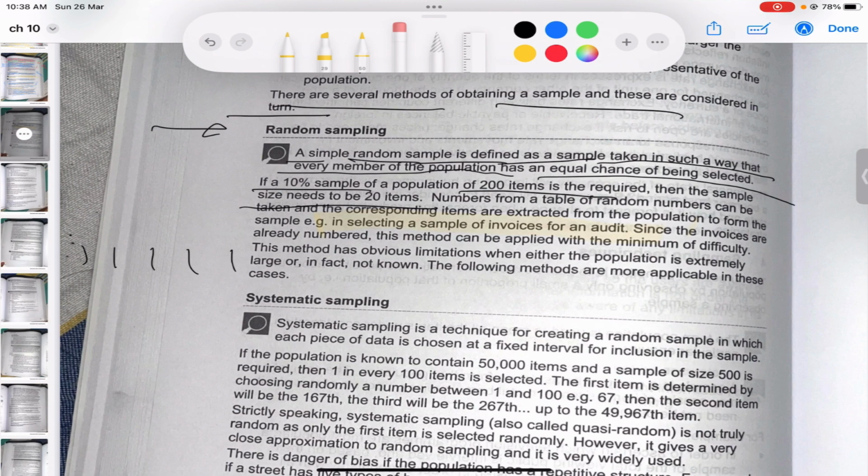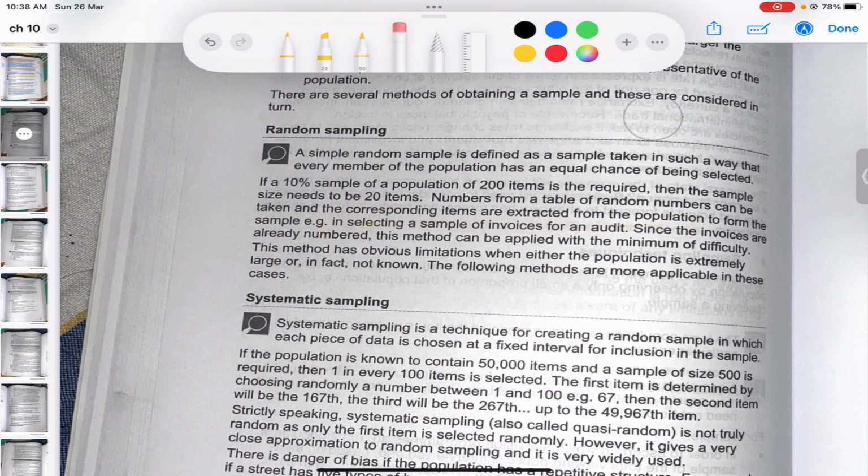That is what they mean by selecting a sample of invoices for an audit. Since the invoices are already numbered, this method can be applied with minimum difficulty. This method has obvious limitations when either the population is extremely large or not known. The following methods are more applicable.